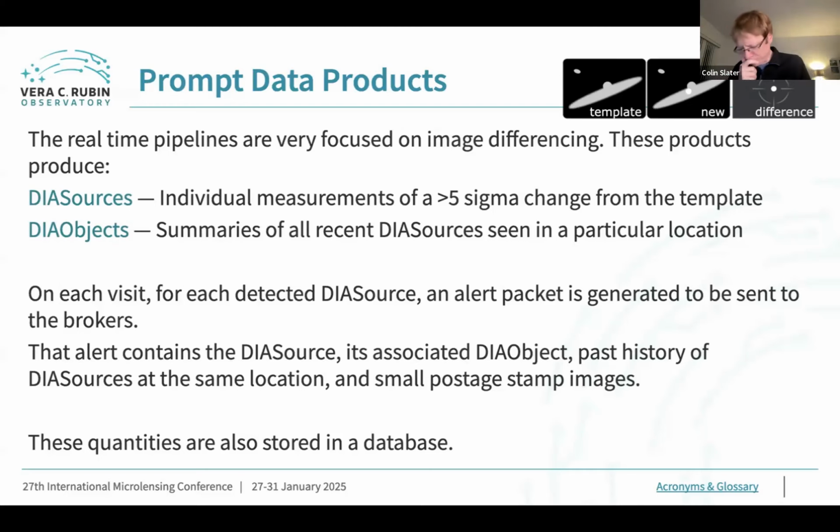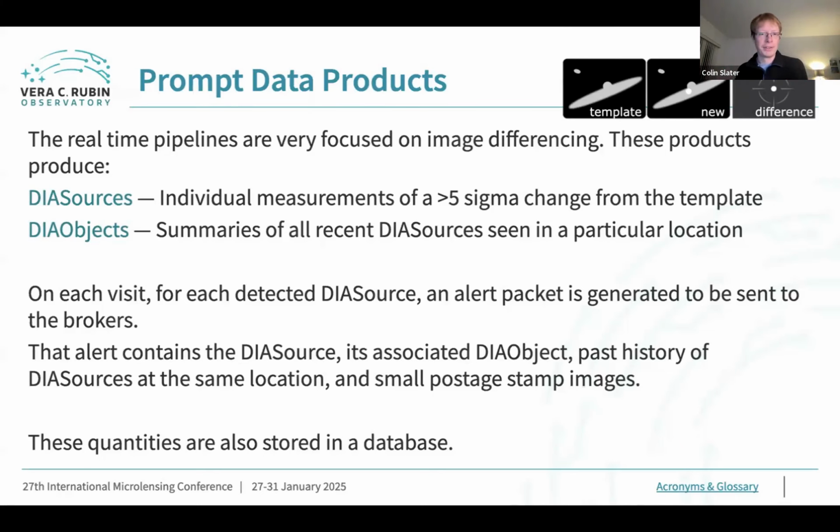And then I've said alert here. People talk about the alert stream a whole lot. What is an alert? It's basically just a way of us transmitting the information from this difference imaging process to the users in a timely way.